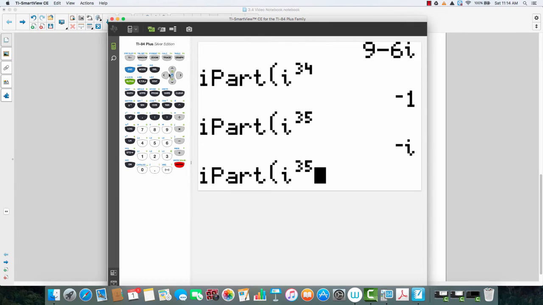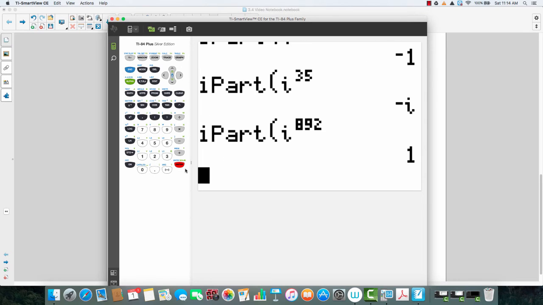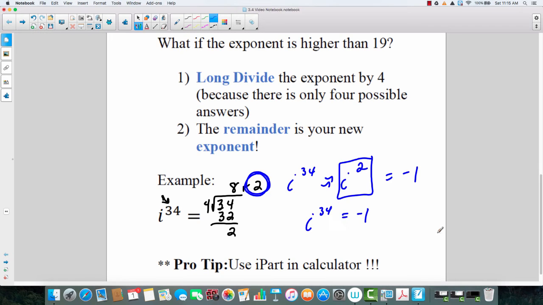Last one, I'm not going to go on for days. Pick a number, 892. I don't know, something crazy like that. Bam, it's 1. So the i part could really be your friend in the calculator when we're multiplying complex numbers and our i's start to take on these higher exponents. It's a really, really cool tool, but I do need you to know the theory behind it.